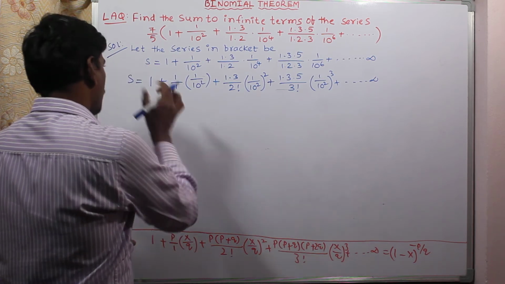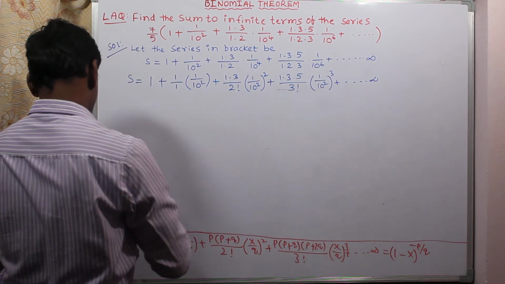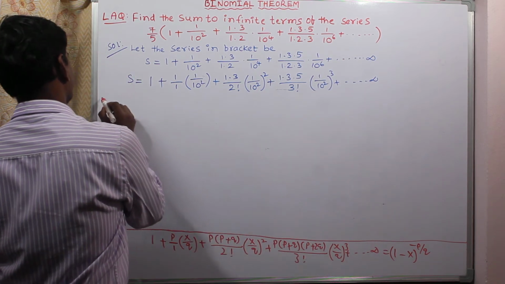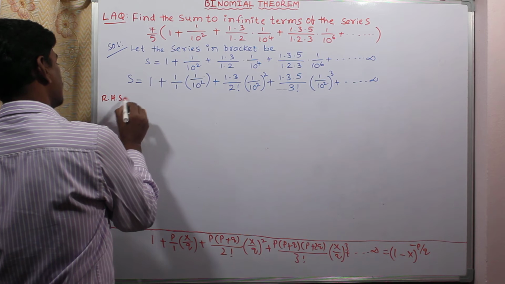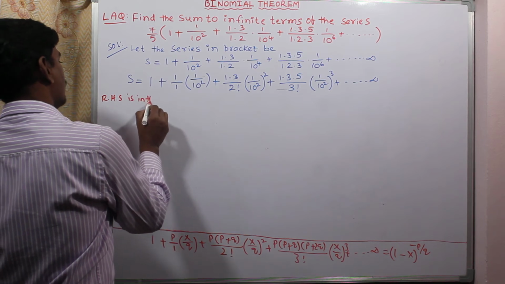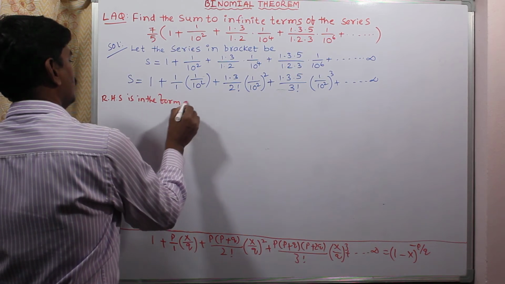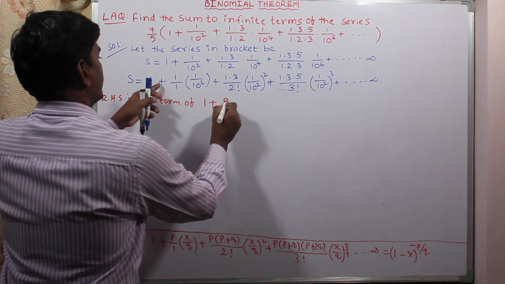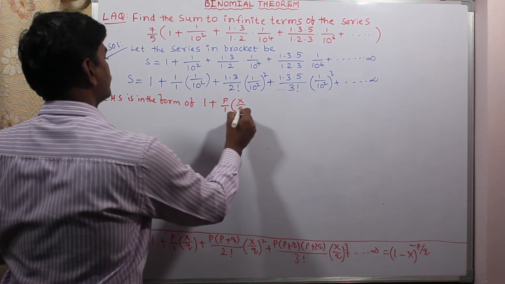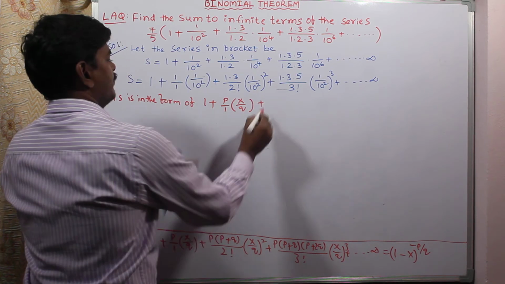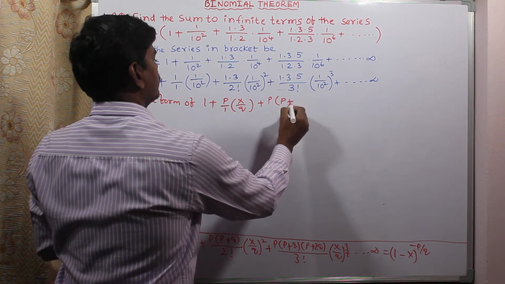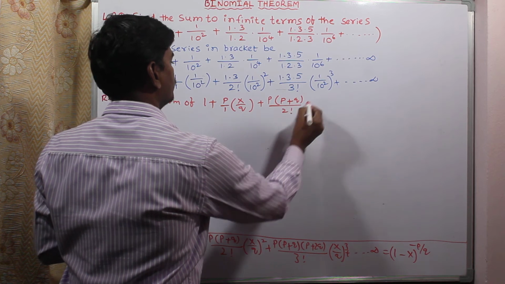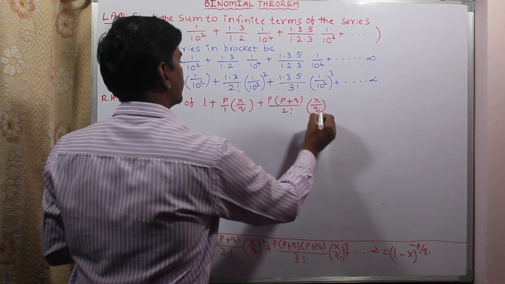Now the right hand side expression RHS is in the form of 1 plus p by 1 into x by q plus p into p plus q by 2 factorial into x by q whole square.